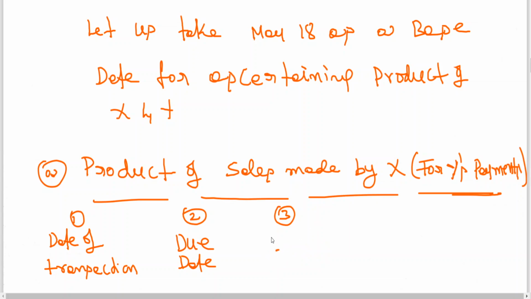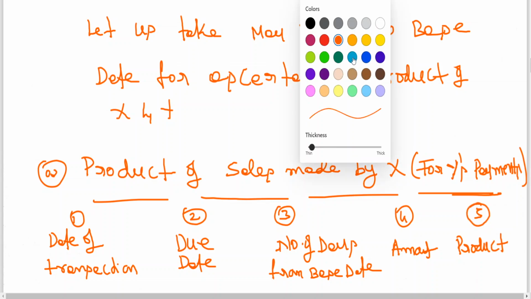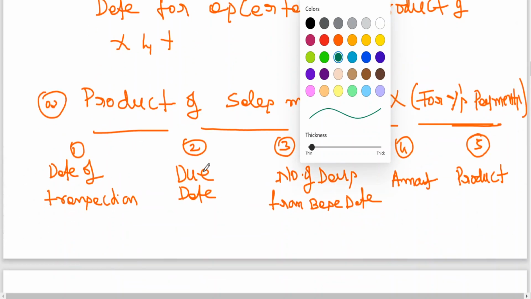You also can write amount, but we are comfortable writing number of days, from base date. Fourth column, amount. Fifth column, product.